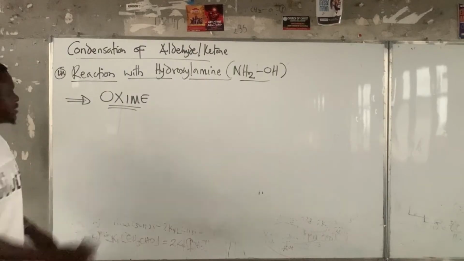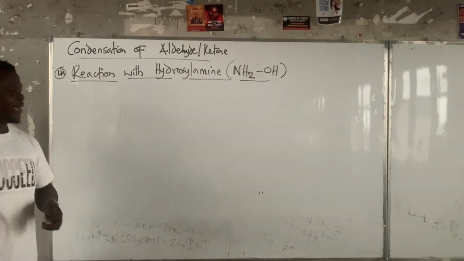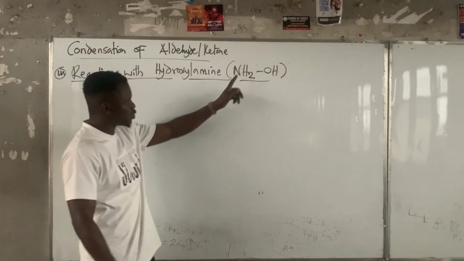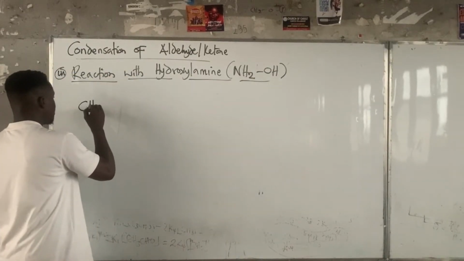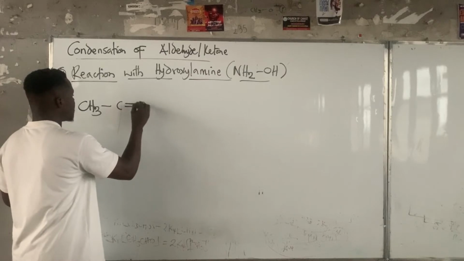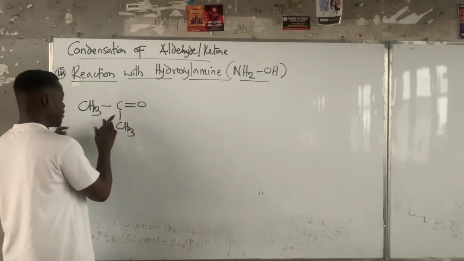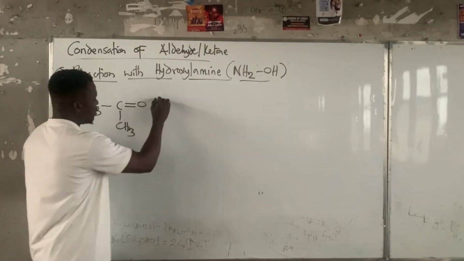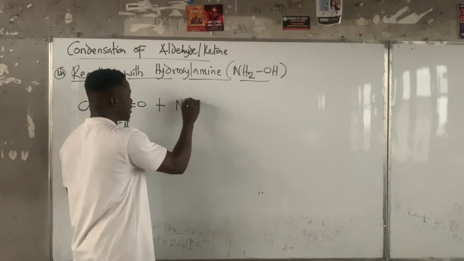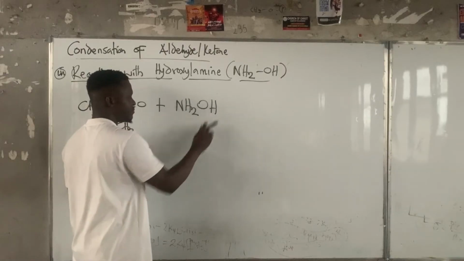Once again, we've seen the structure of hydroxylamine. It also has two hydrogens on the end. So we'll come here, we'll put CH3. This is propanone, to show us how the reaction is going to take place. This is NH2OH, hydroxylamine.